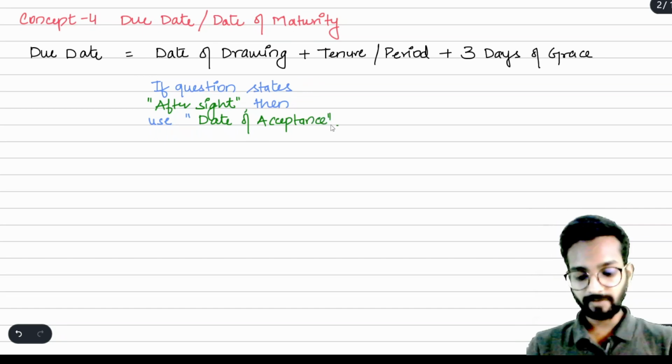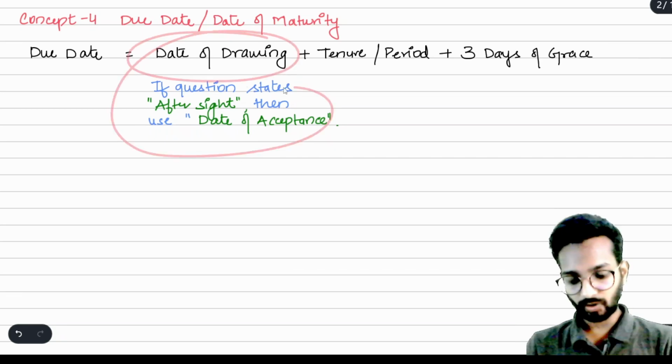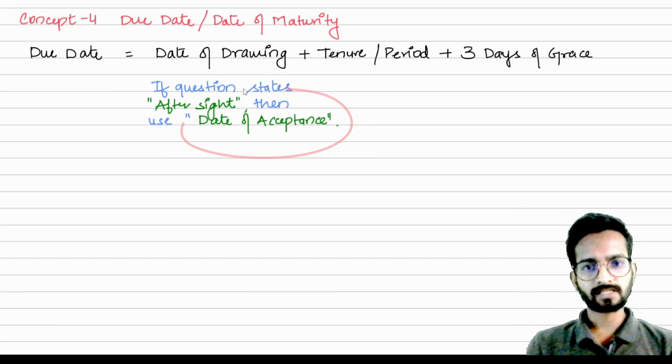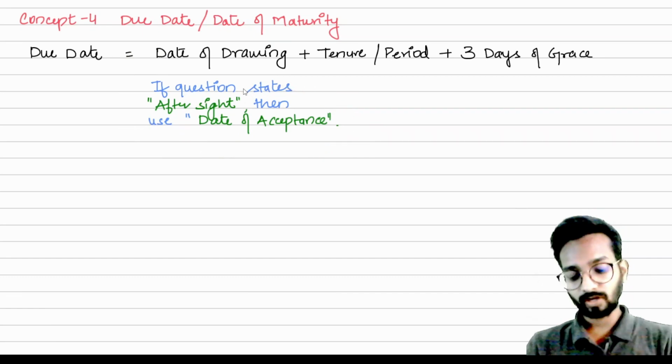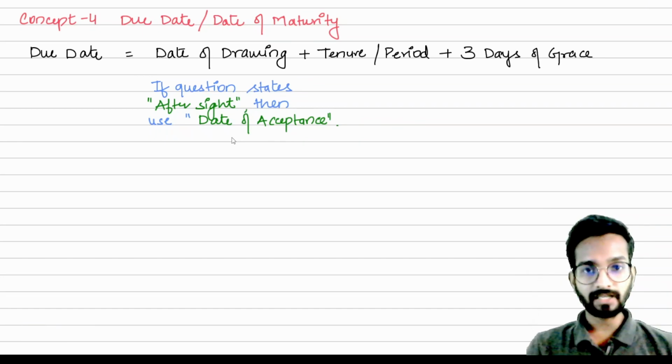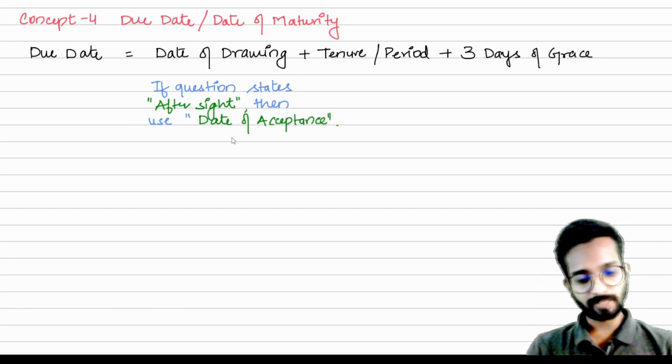Simple. We will use date of acceptance for our date of drawing. See, the question will mention that B has accepted the bill on this date. Or if the question states that in the bill it is written that B will make the payment 30 days after sight. After sight means when B has seen the bill and signed the bill, or you can say B has accepted the bill. That is the date of acceptance.